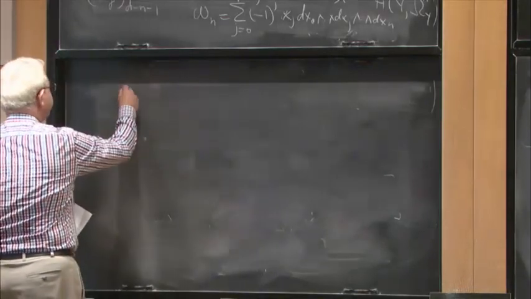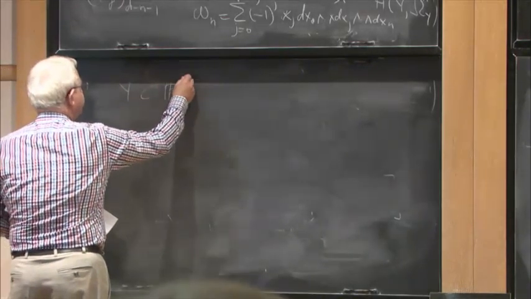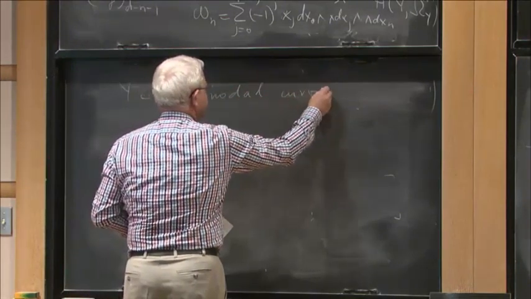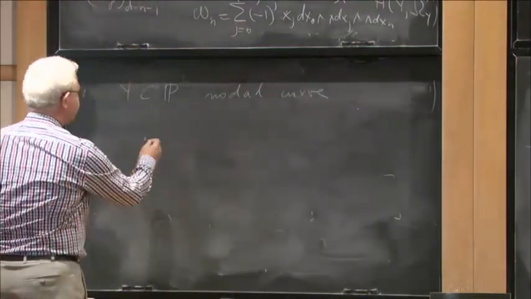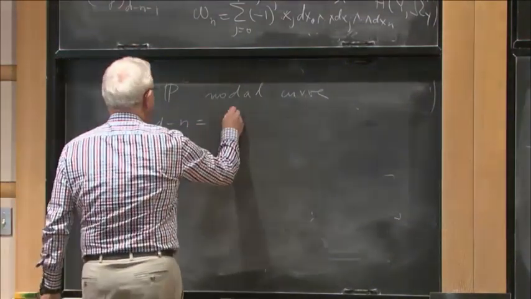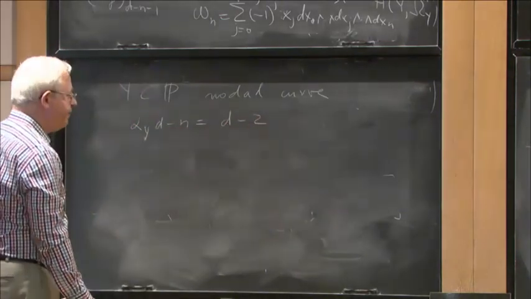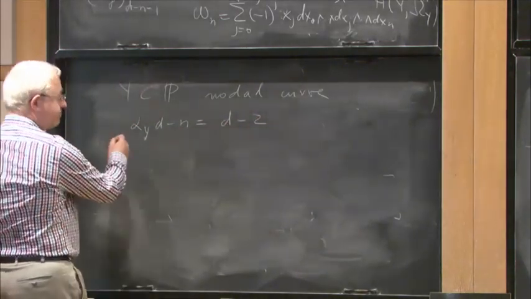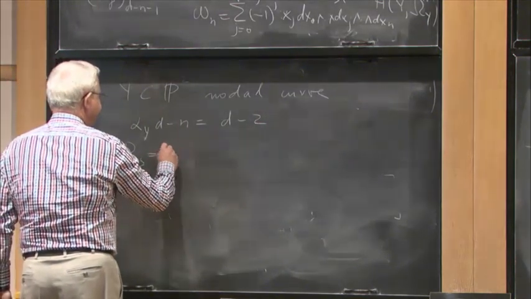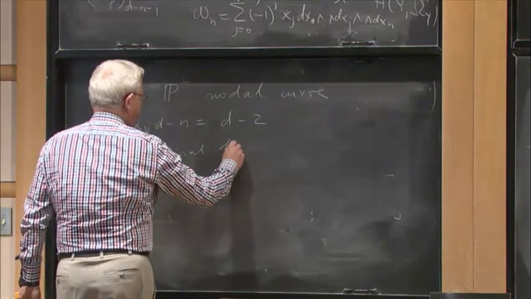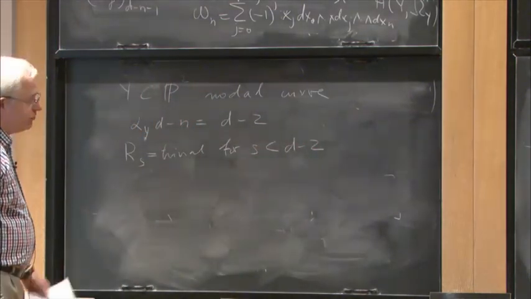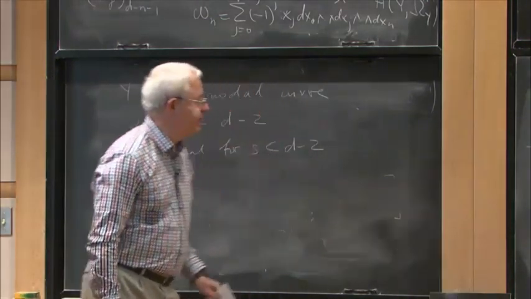So assume that Y is in P2, a nodal curve. So in this case, alpha_Y times d minus n becomes d minus 2. And so this is trivial for s strictly smaller than d minus 2. This is a consequence of this theorem.